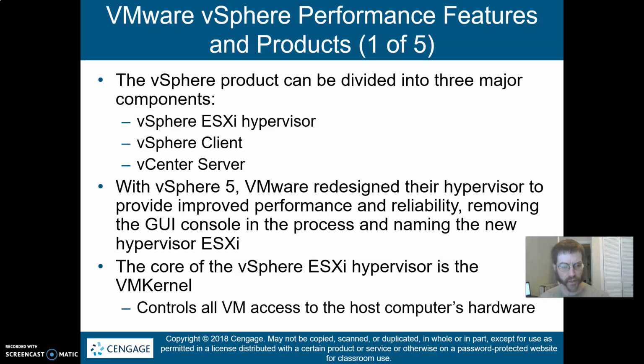So there are three primary components of your vSphere architecture. Your vSphere ESXi hypervisor, also referred to as a vSphere host or an ESXi host. ESXi stands for Elastic Sky X. Then there's your vSphere client, which is a piece of software which you can install essentially at the desktop, and it will reach out to an ESXi host, and you can manage that.